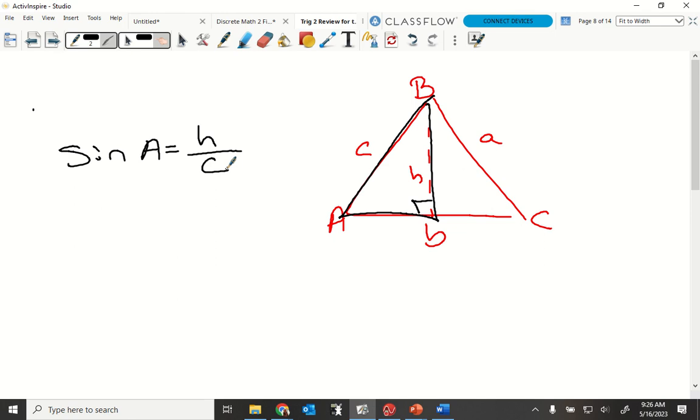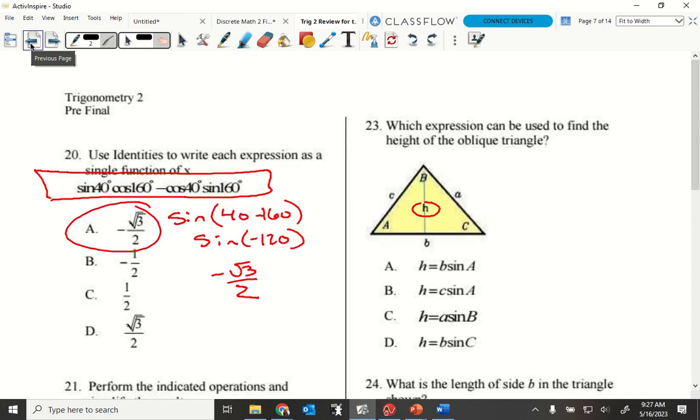So if we want to solve for h, what would I do here? Divide by c. So c sine of A is equal to my h value. It looks more complicated than what it is, but it was just a simple right triangle.